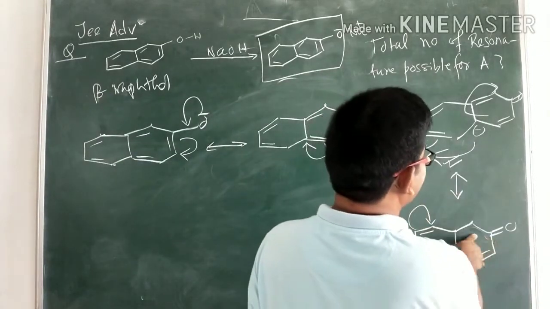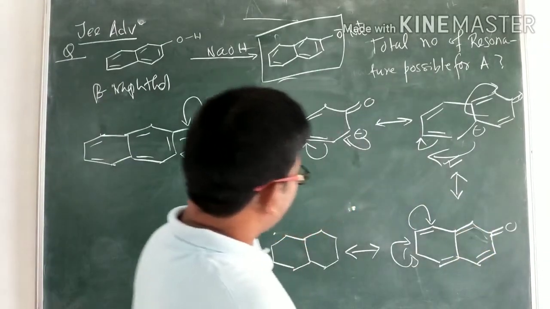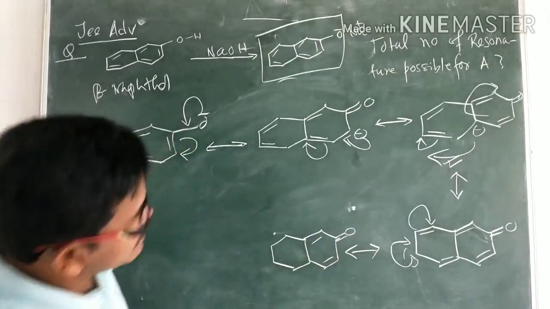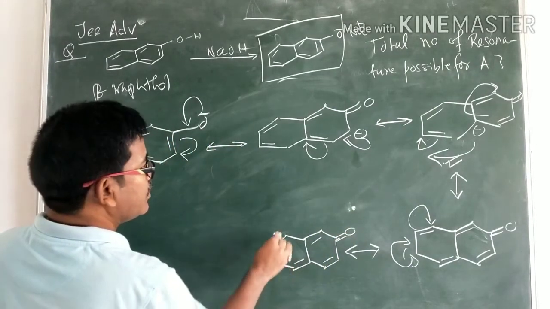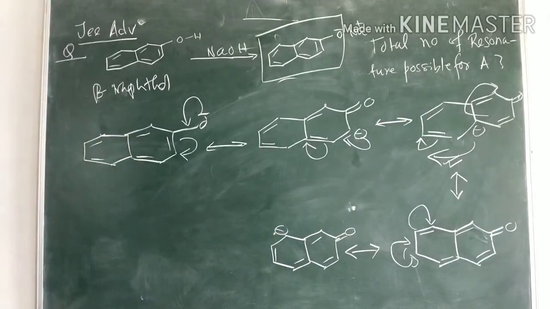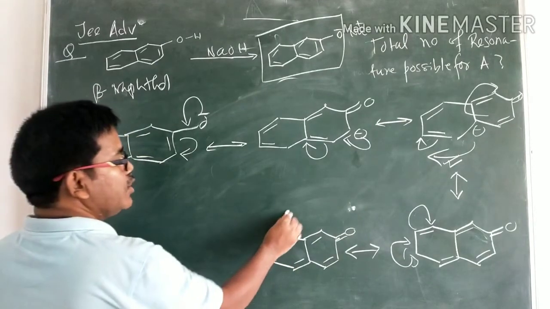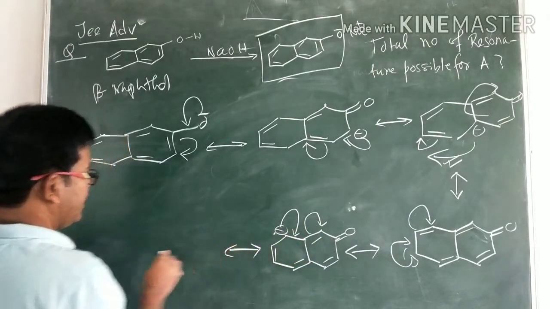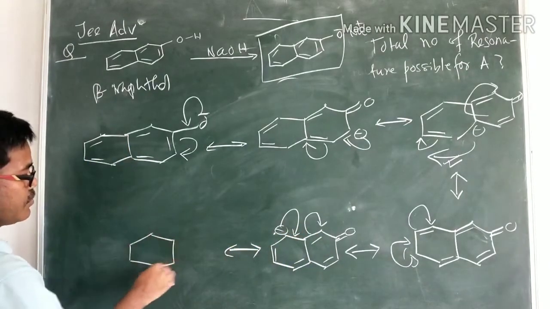Regarding the other bonds, there are no changes. Here I made a mistake. The pi bonds were here. Other bonds will remain as they are, no changes. Here there will be a double bond. This position will become negative. Now again, this negative will make a double bond, these double bonds will make it negative. Therefore, the next structure will be like this.